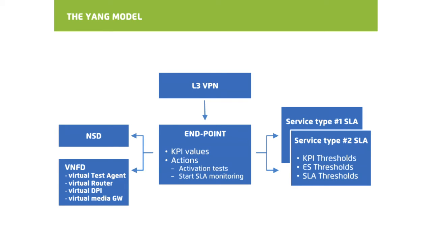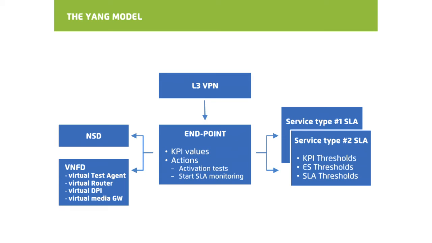How can you model that in Yang in order to do both provisioning and assurance? So the coarse-grained, very simplistic view is that you have VPNs. Every VPN has a set of endpoints. From an assurance perspective, each endpoint should have read-only KPI values corresponding to the end user KPI.